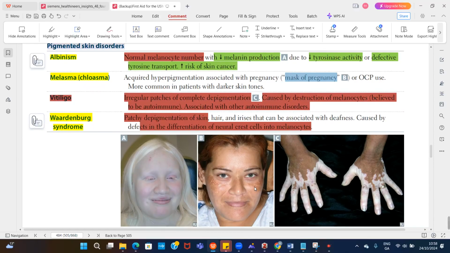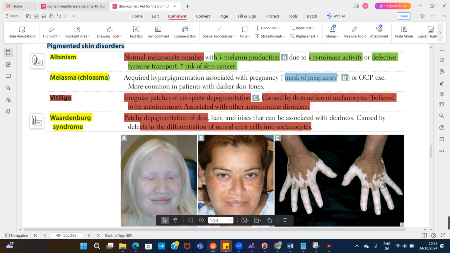It has been postulated that the hormones produced during pregnancy, estrogen, progesterone, or in people that use contraceptives like OCPs, can have stimulatory effects on the melanocytes. They can produce more melanin, and that can lead to hyperpigmentation of the skin, and it's very prominent in sun-exposed areas.